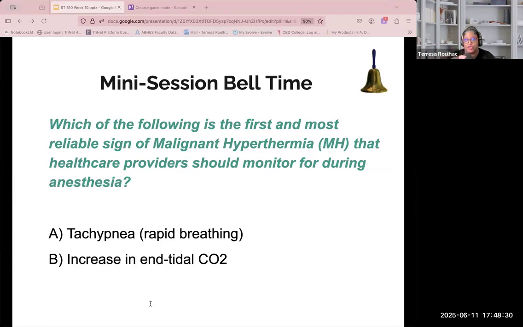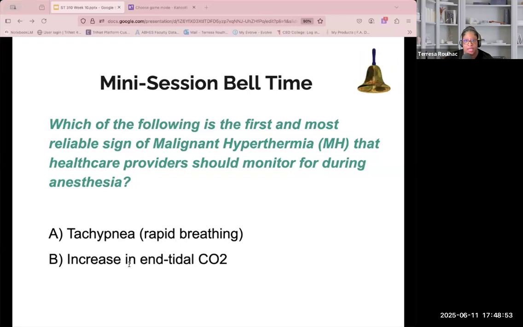This is why I picked these two choices, because these are two where you think, wait, we know that the patient's going to start breathing more rapidly because it's trying to get rid of the CO2. However, the increase of CO2 is what causes the rapid breathing. Does that make sense? Okay, because you may see this. So yes, Anna is correct.